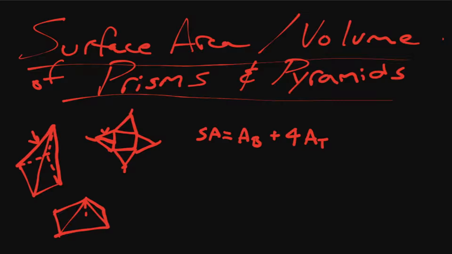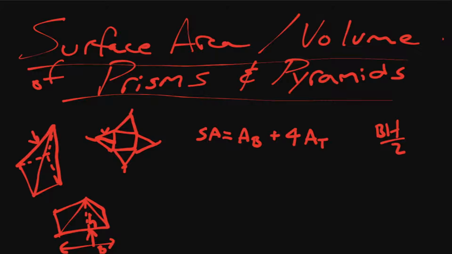Let's say I was given the length of this middle part right here. Then I could use that as my height, and the measurement this way would be my base, and that allows us to use the formula for a triangle, base times height over 2.